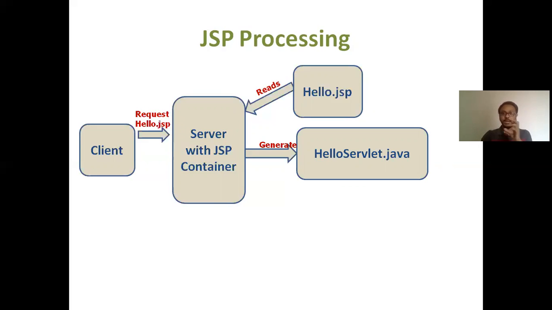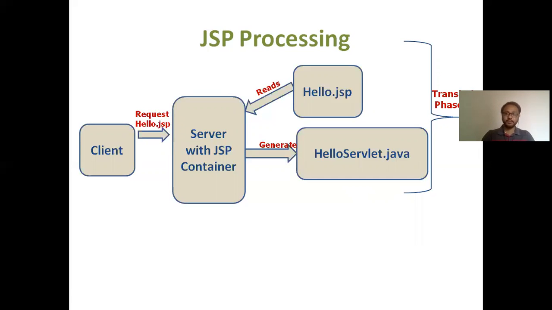This process, reading your JSP application and generating its respective servlet.java file, can be called the translation phase. Reading the JSP page and then generating the servlet.java file of that respective page. So this complete process can be called the translation phase.